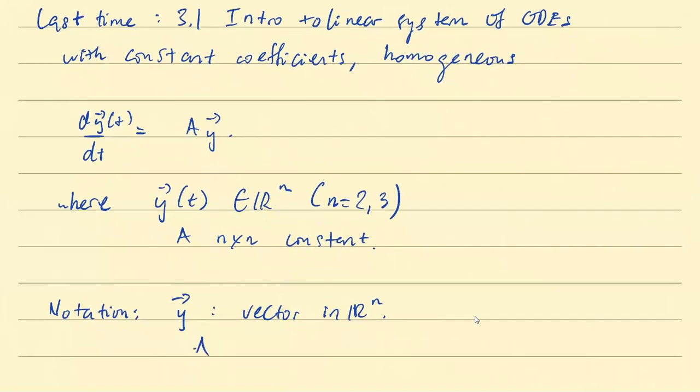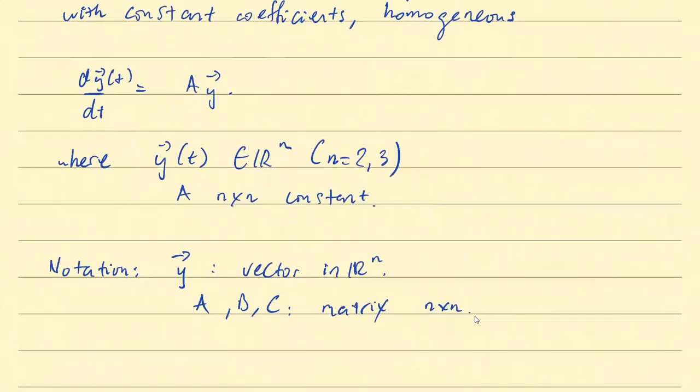When I have something like this, capital, that's going to be a matrix. And usually in this context, we only look at square matrices to begin with, so it's going to be n by n. Matrices in general don't have to be n by n, but usually here. And the last notation is y by itself, which is a scalar, something in R, like a real number.